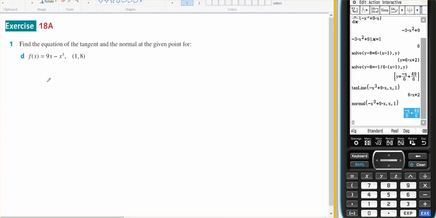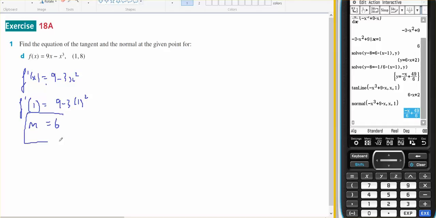If I had to do it by hand, then I would take the derivative, which would be 9 minus 3x squared. I'd want the derivative when x equals 1: 9 minus 3 times 1 squared, which gives 6, which means the gradient at x equals 1 is 6.